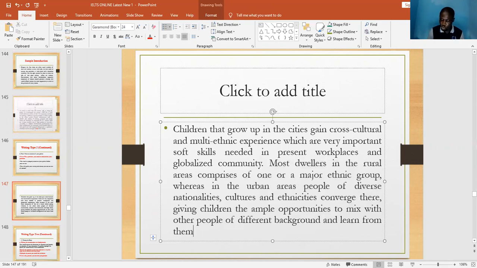Now, I need to validate. I want to validate with the fact that authorities have cited cross-cultural experience for children as an important skill they need to learn to survive in this globalized environment. So let me validate now.